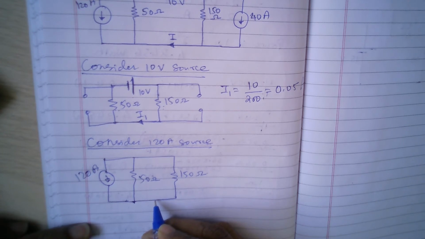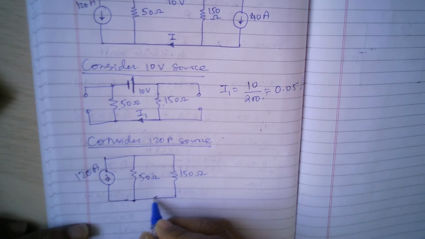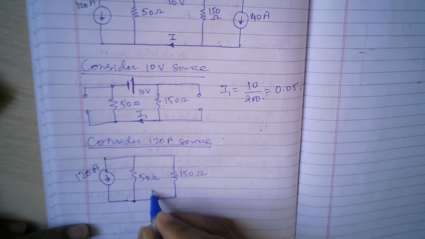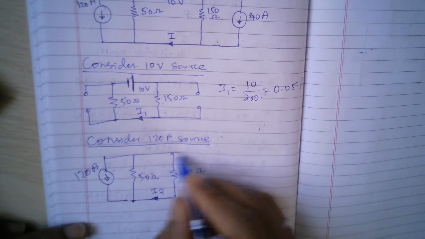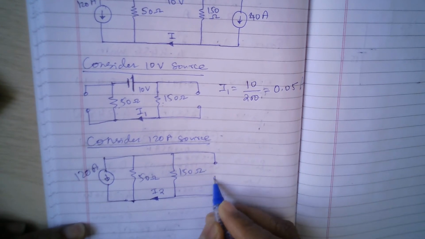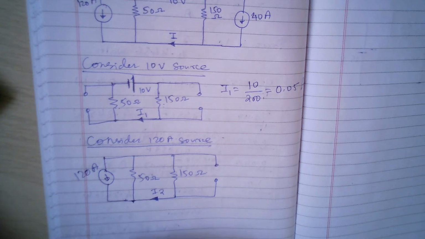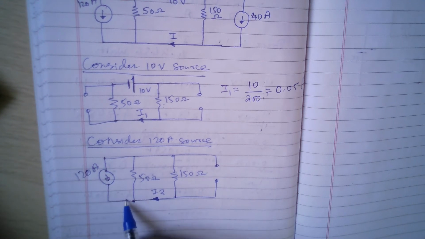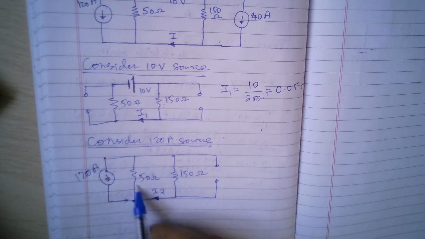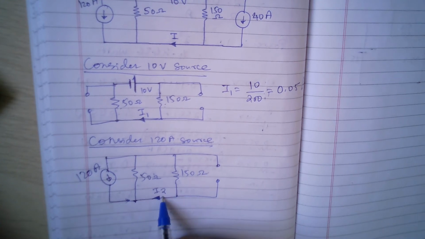The current I, I will still continue in the same direction and call it I2. Here it is open circuited, so it is a simple 120 ampere current going this way, dividing into two branches. I can find I2 using the current division principle.